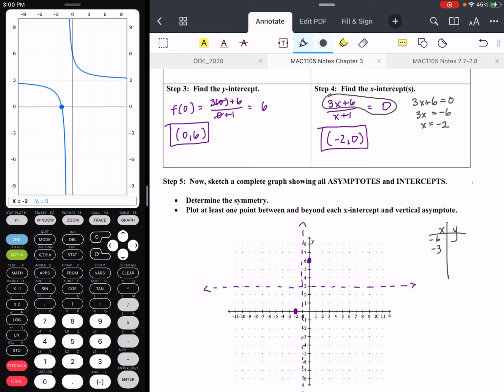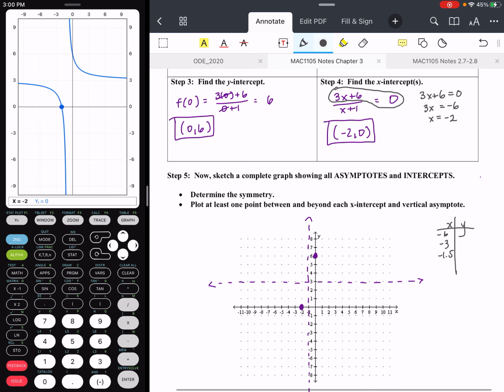I'll use the trace function to crank these out. And then between my intercept and my vertical asymptote, maybe I'll put in a -1.5. Over on the right, between my vertical asymptote and my y-intercept, maybe I'll put in a -0.5. And then to the right, maybe I'll do +1 and, I don't know, positive 5, let's say. I'm just making stuff up to identify a few points where I can fill in and help me shape the sketch of this function here.